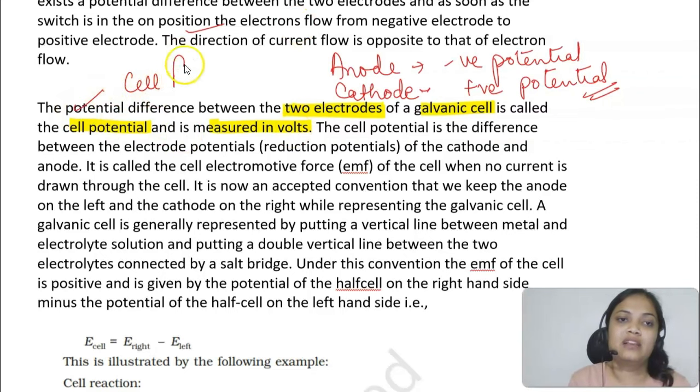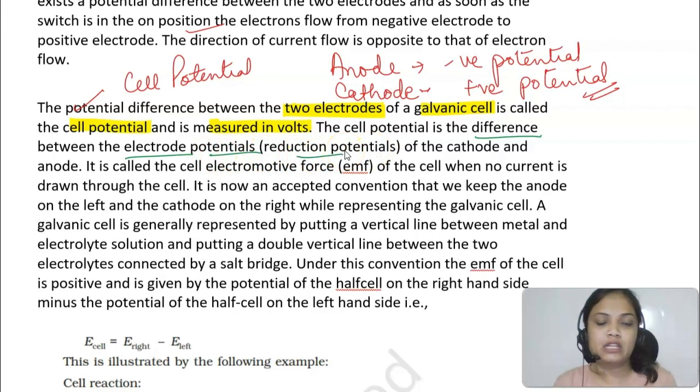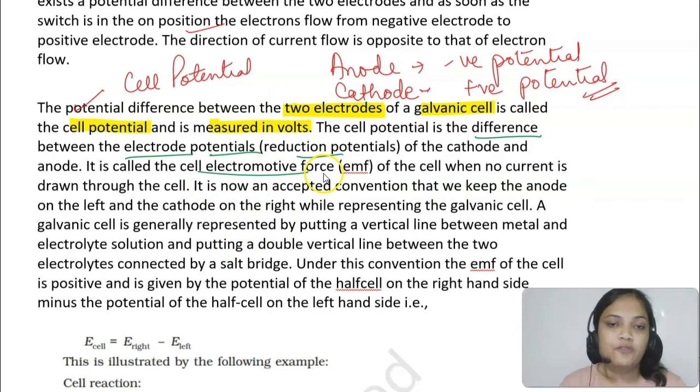Again, the cell potential. So what is cell potential? It is actually the difference between the electrode potentials. Electrode potentials are nothing but the reduction potentials of the cathode and anode. We can call it the cell electromotive force, meaning the EMF of the cell, when no current is passed through the cell.